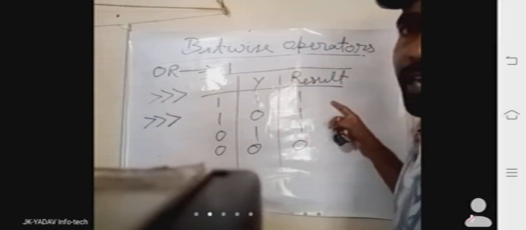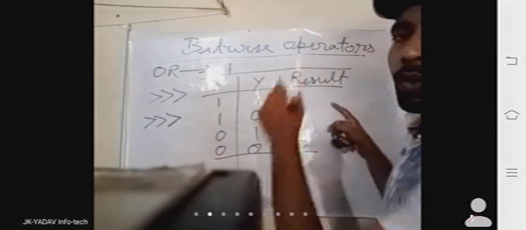So here you can see, according to the bitwise OR operator, only in one case will the result be 0. That is if both the operands are 0. If both the operands are 0, then only the result will be 0.